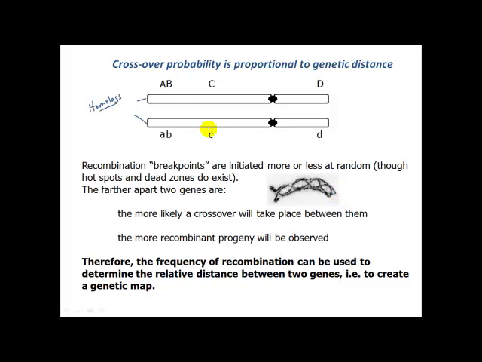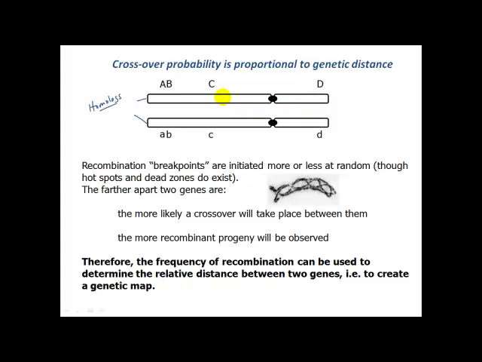Well, if we think about this, if we compare genes A and D here, and think about the likelihood that those two genes are going to have a crossover event somewhere between them, we would say that's probably highly likely, right? A crossover event has to occur, or else that meiosis is not going to complete. We talked about that before. It's an obligatory event during meiosis.